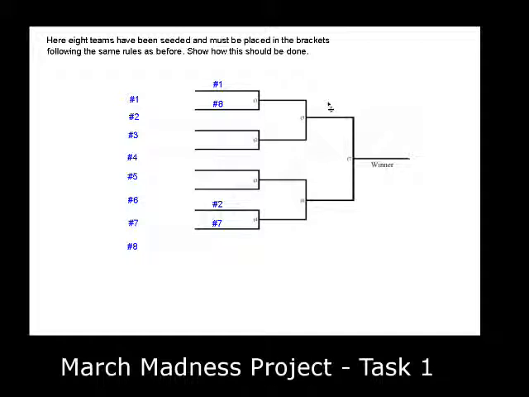Well, it's single elimination, so teams 5 through 8 would go home. The worst team that's still left in the tournament would be the 4. And so that's who I would want to have 1 matching up with in the next round of the tournament. So if I go ahead and put 4 here, who would they be paired up with? I think they'd have to be paired up with 5.